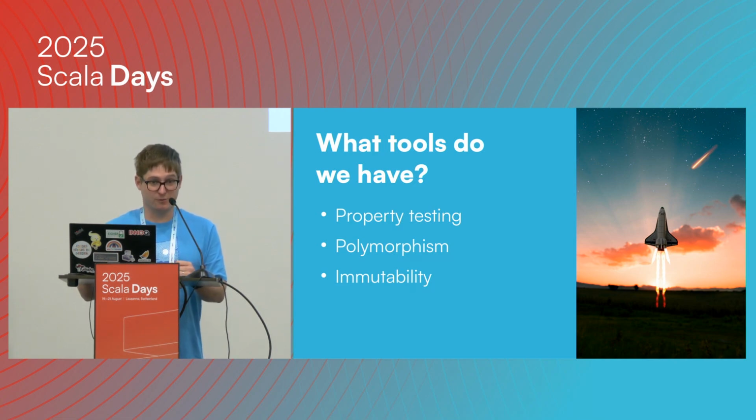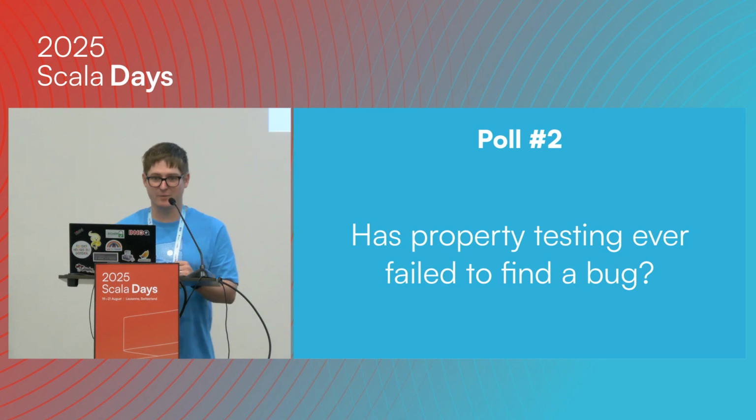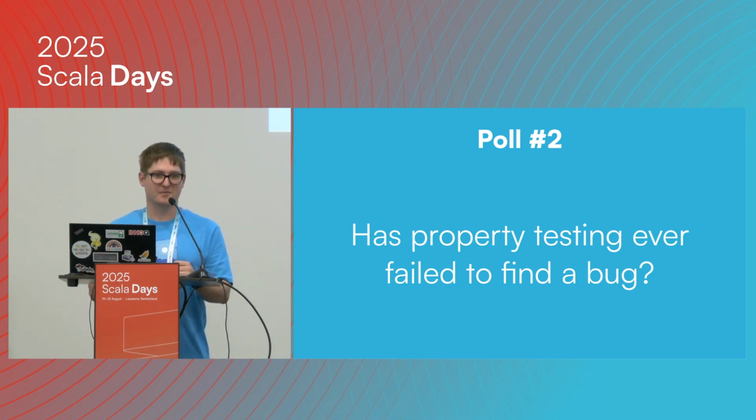So now I have the second question for you, and I think you might have to think a little bit harder about this one. In your personal experience, in your code, has property testing ever failed to find a bug? Has that ever happened to you? Show of hands. Okay, yeah, that's a few people.